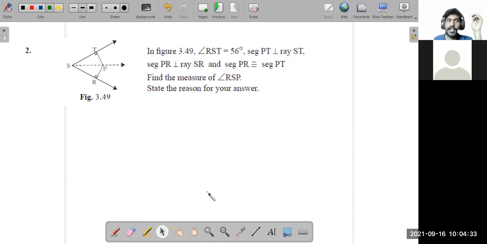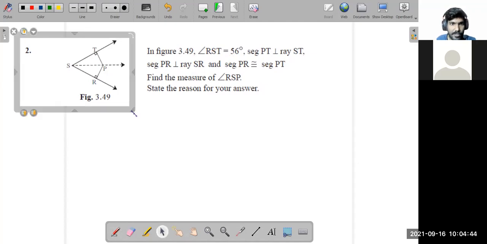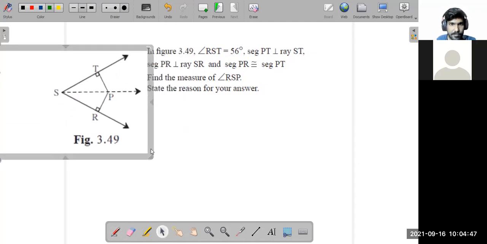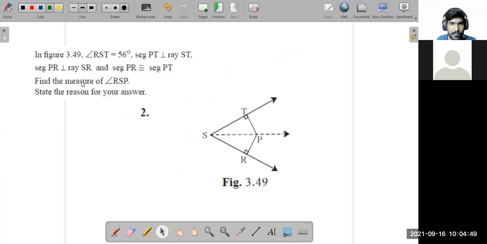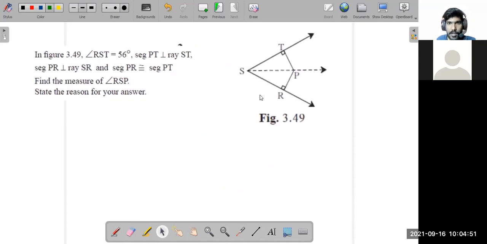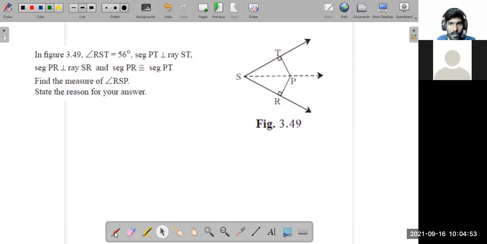Okay. In the second one, in this figure, angle RST is 56 degree. Segment PT, so RST, that means, if you see in the diagram, is this entire one. This is 56.